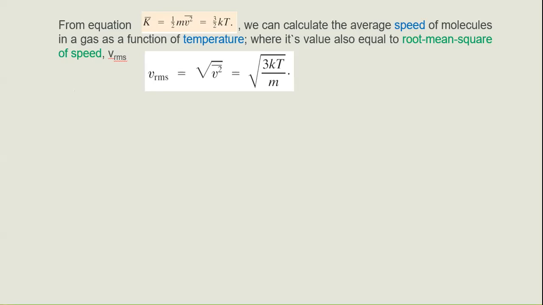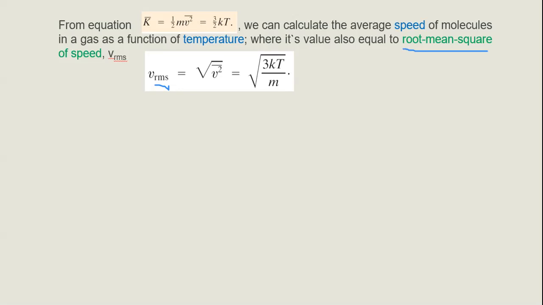So what is RMS? RMS, as stated here, is the root mean square of the speed. Why do we want to find the vrms?